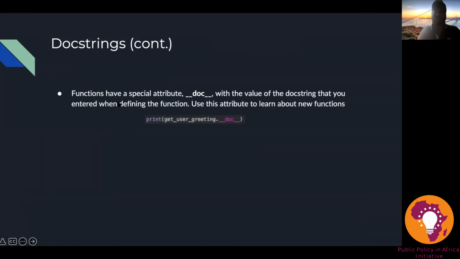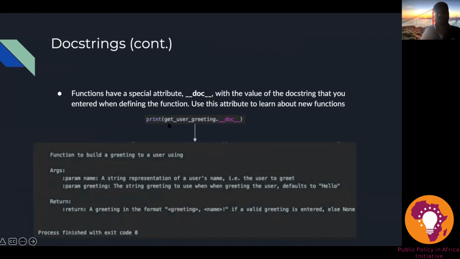Functions have a special attribute with the value of the doc string that you entered when defining the function. Use this attribute to learn about new functions. So if you do print get user greeting dot doc, even for all user defined functions or functions defined by someone who wrote the Python code years ago, you can still access their doc strings and read exactly what they meant their function to do, right?